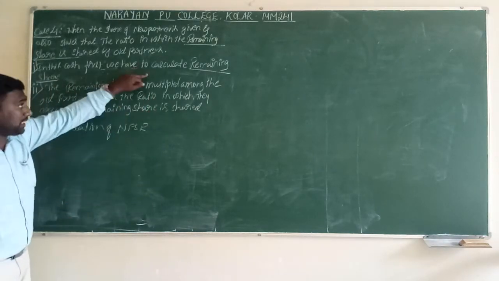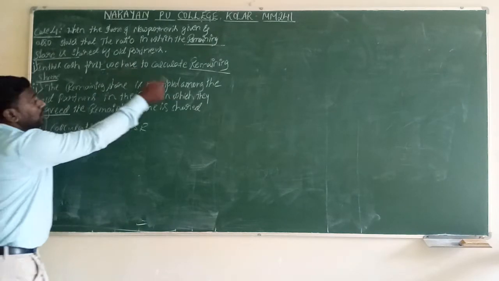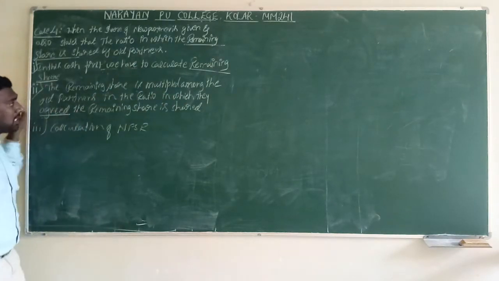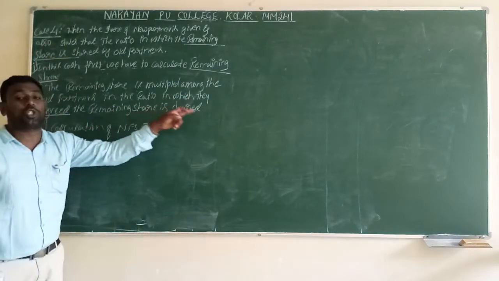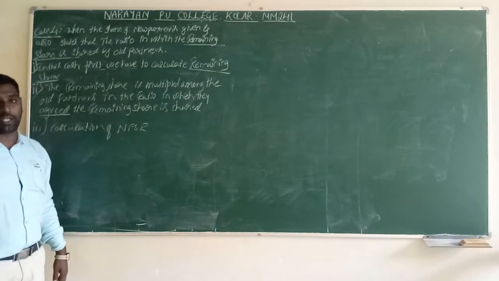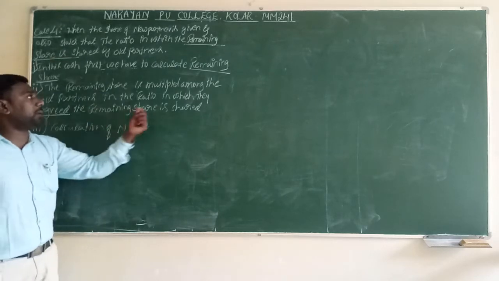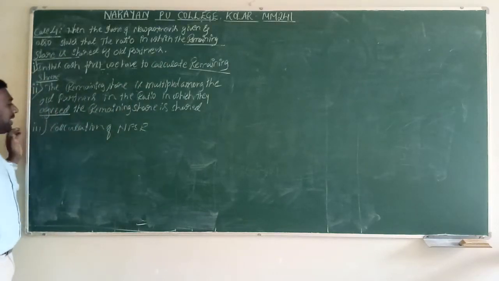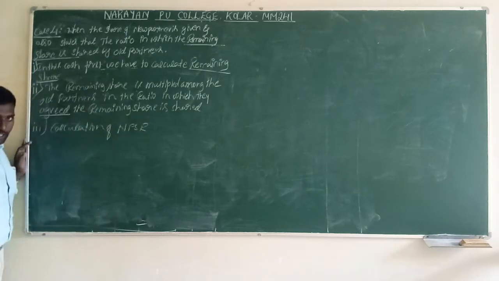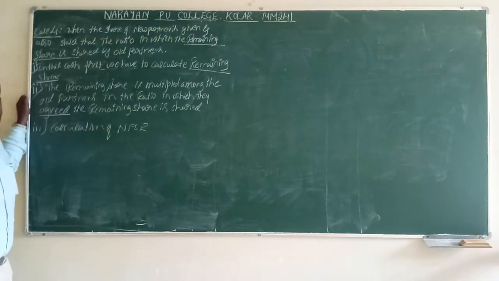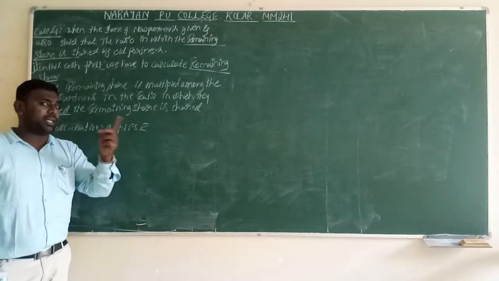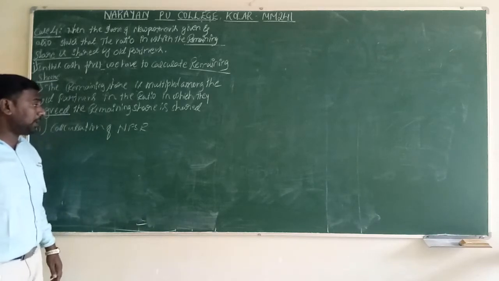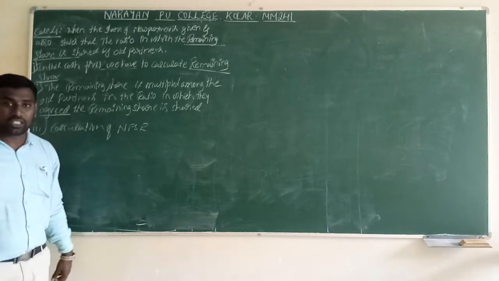After calculating the remaining share, it is multiplied among the old partners in the ratio in which they agreed to share the remaining share. The agreed share given, we multiply with the remaining share, then we get the new profit sharing ratio. It is related to case number 2, but not in the same manner. In case number 2, the direct formula is applicable. In case number 4, an indirect formula is applicable for calculating the new profit sharing ratio.